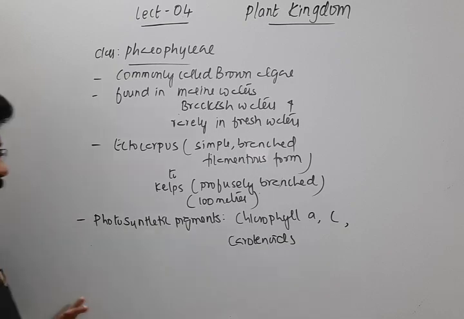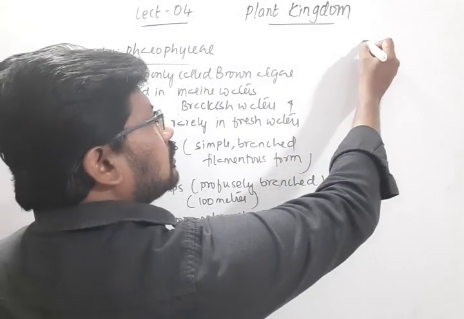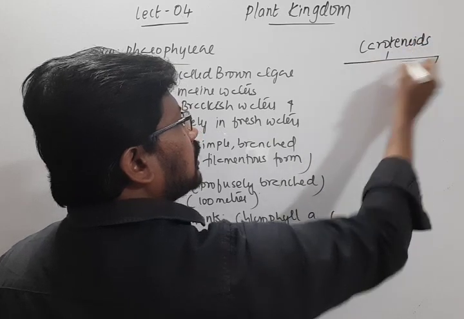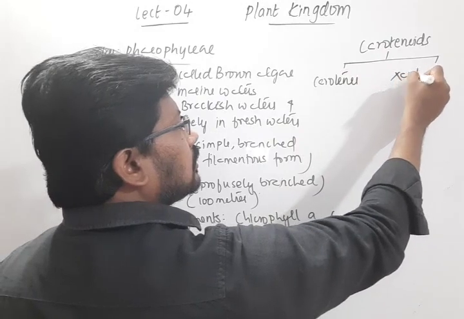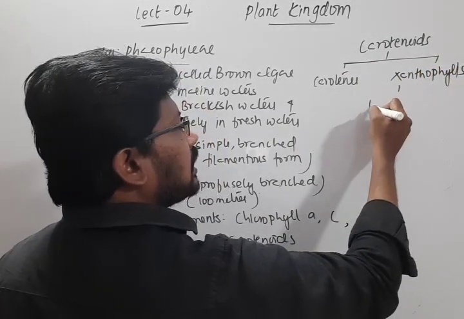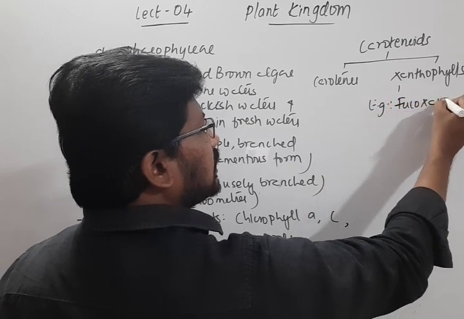Of course, these carotenoids consist of carotenes and xanthophylls. One example of a xanthophyll is fucoxanthin.